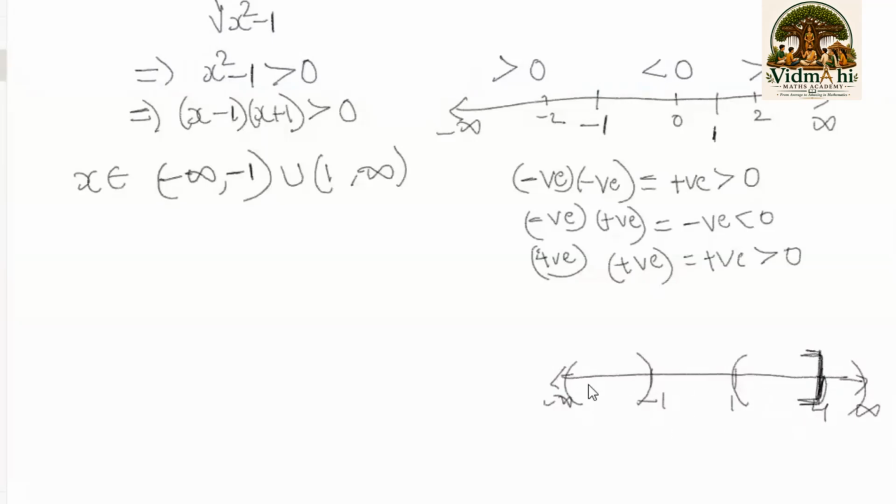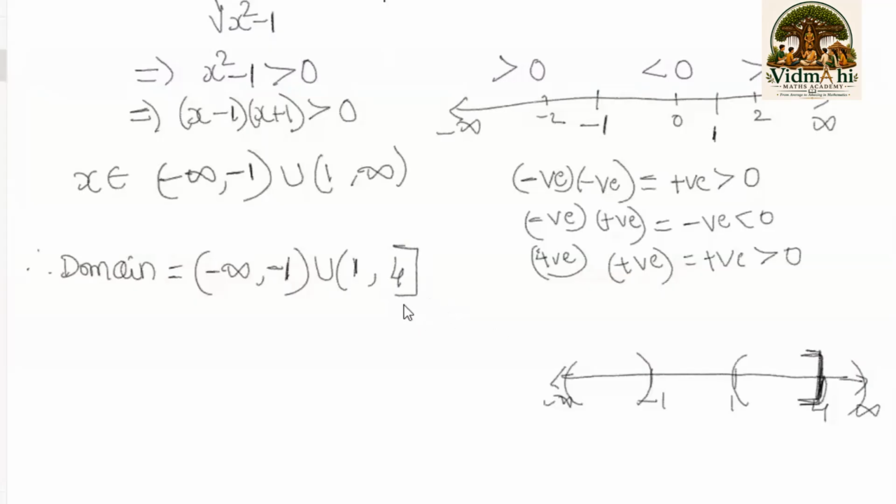So if we combine these two intervals, we get, therefore, the domain of this function is equal to minus infinity comma minus 1 union open interval 1 comma 4 closed interval.